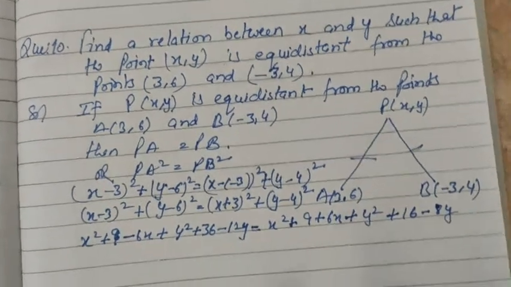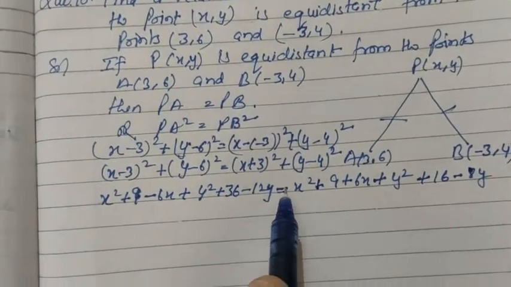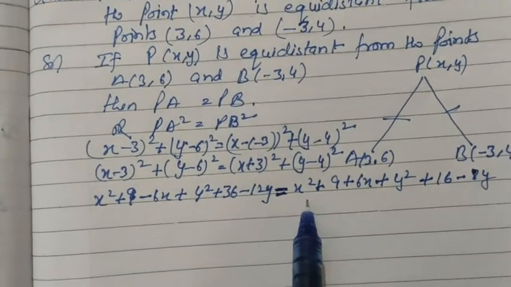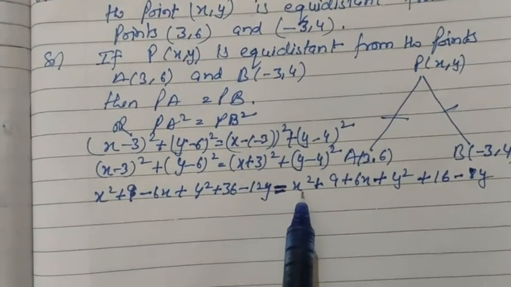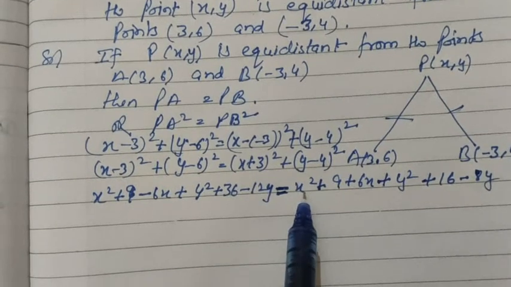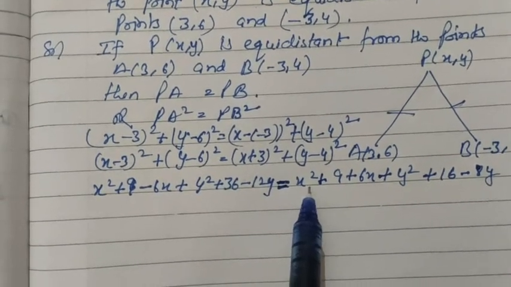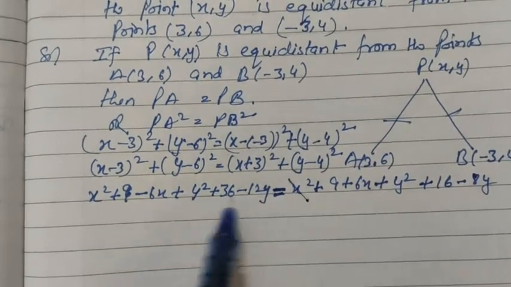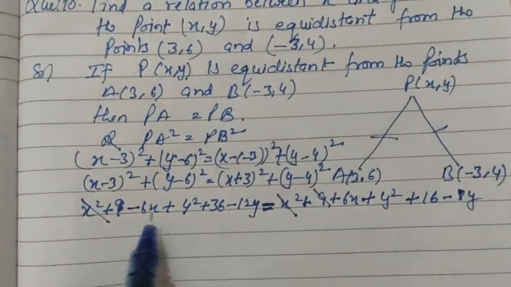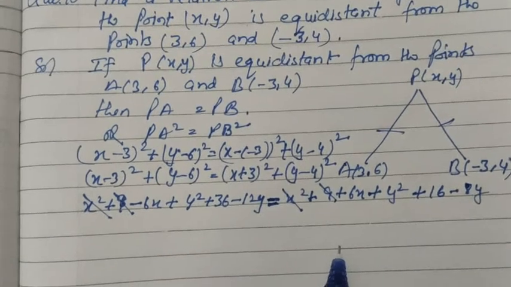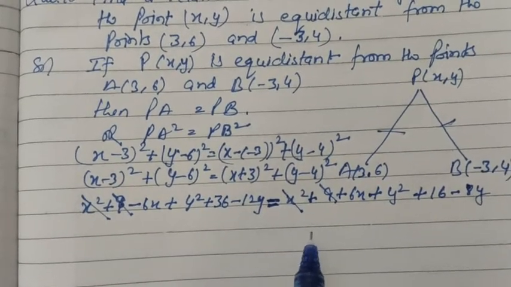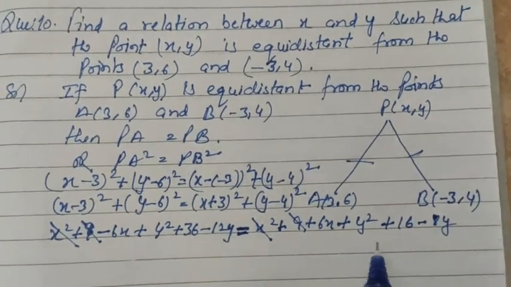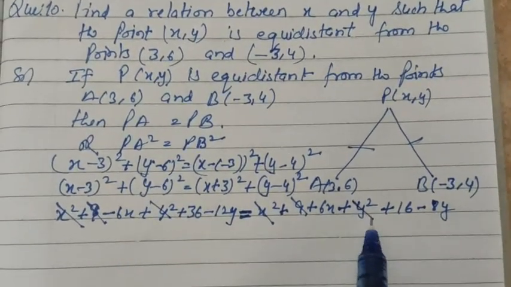There is an equality sign and both sides have some alike terms, so we can cancel these terms directly. x square will be cancelled, plus 9 will be cancelled, and y square can be cancelled.